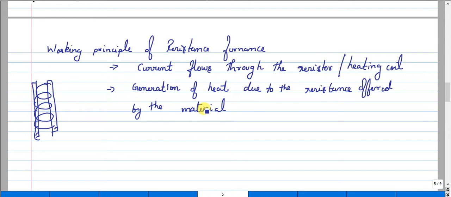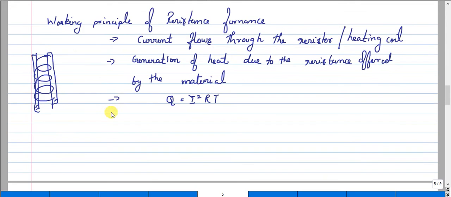When the current flows through the resistor or the heating coil, heat will be generated. Why? Because there will be a resistance to the flow of current. It can be represented in a simple equation, that is Q is equal to I square R T.